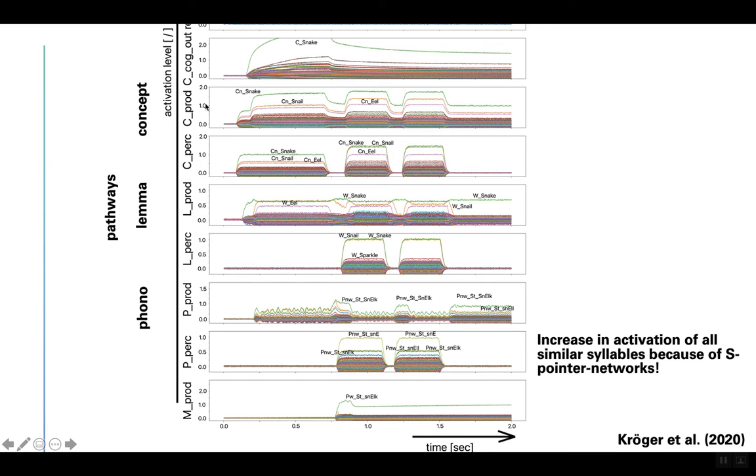What we see here on the production side is that we already have a correct production main activity of the word snake from the visual input, but if we go to the lemma level, the activity of the lemma for snake is in concurrence with the activity for another word here, and the word is not activated.